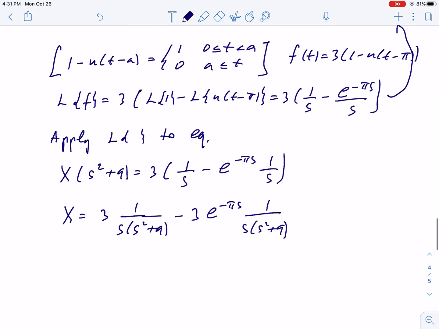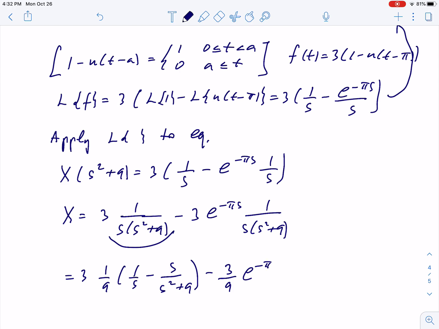We already know how to invert this expression. So this will be 3 times 1/9 (1 over s minus s over s squared plus 9), decomposition from the formula, minus 3 over 9 exponential negative pi s (1 over s minus s over s squared plus 9).